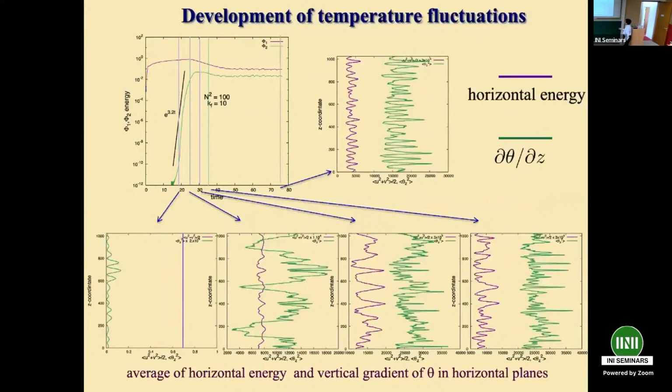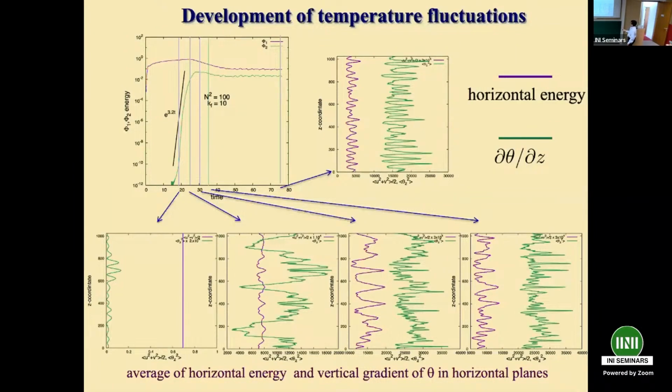The same is true for the temperature fluctuations. Again, purple is the horizontal energy, and green is the temperature fluctuation, or actually the z derivative of temperature fluctuations. The temperature fluctuation shows very spiky, sharp peaks or spikes as time goes on.